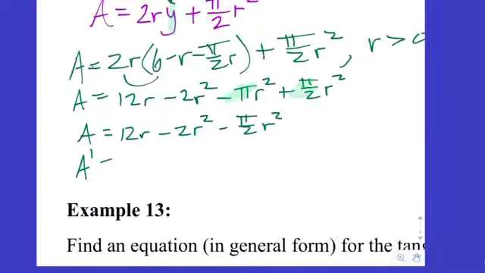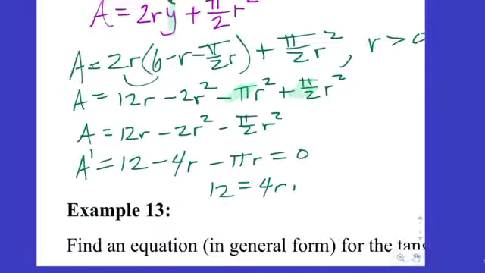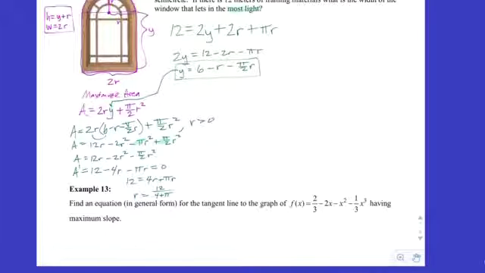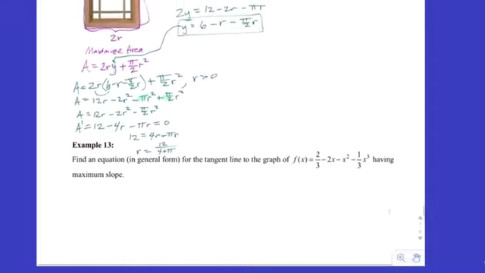So the derivative of A with respect to r is 12 minus 4r minus pi r. And if you set that equal to 0, I will say 12 equals 4r plus pi r. And if you factor out the r and divide through, you get r is equal to 12 over 4 plus pi. And that would be in units of length, which is meters.